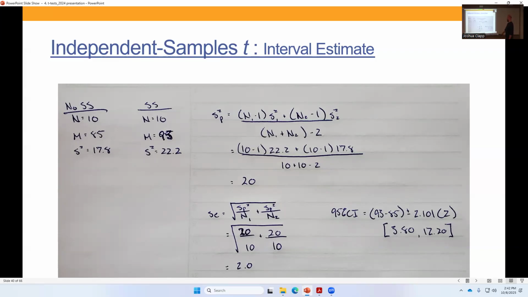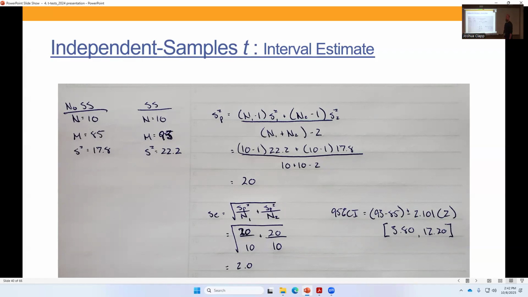So we have the sample size for sample one minus one times your variance, plus sample size two minus one times your variance, over sample size one plus sample size two minus two. So we've got 9 times 22.2 plus 9 times 17.8. The denominator here gives you a pooled variance of 20.